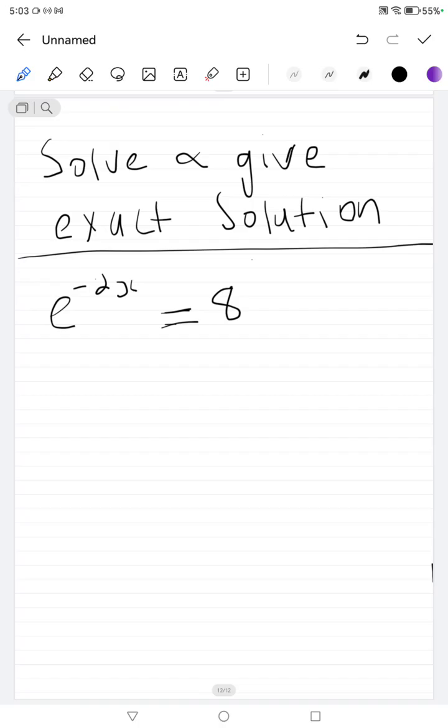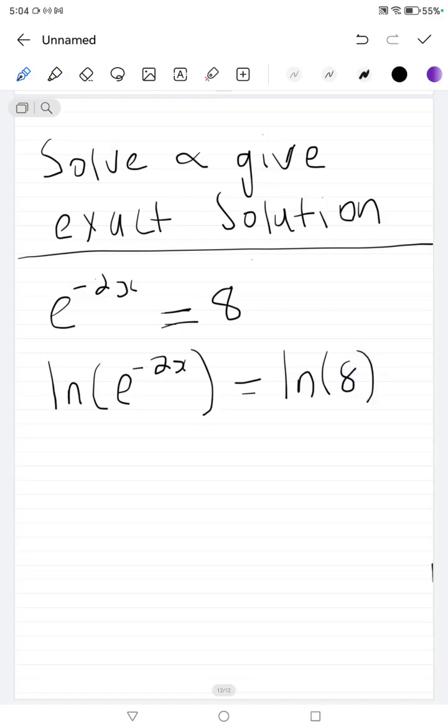So these are just working vice versa. So now you see we have a situation where we have e. So in order for us to remove the e, it means we must introduce the ln. So we're going to say we have ln of e to the exponent minus 2x. This is the same as having a ln of 8, you see.